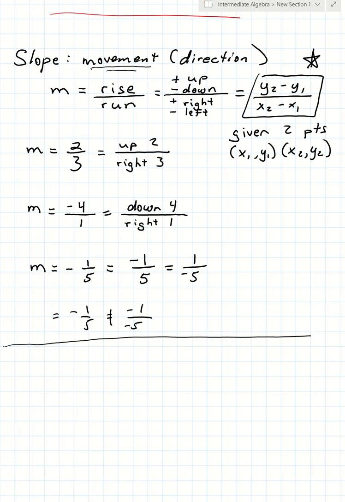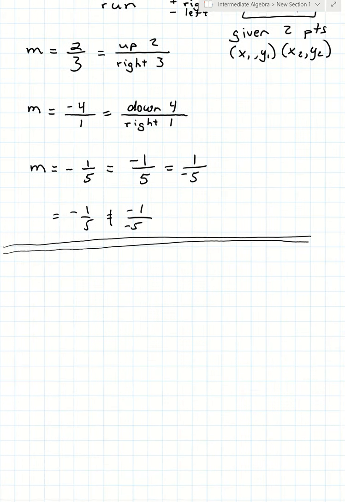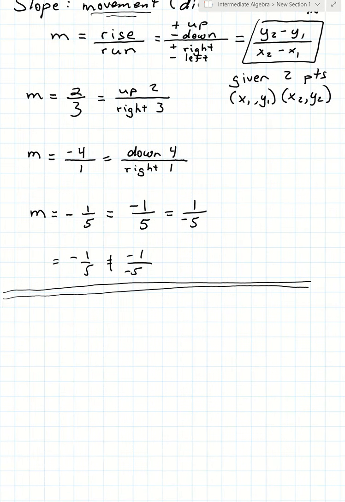Now, let's do some examples, first of all, where we're going to find the slope given 2 points. Let's say we are given 2 points of 2, -1 and 5, 3.